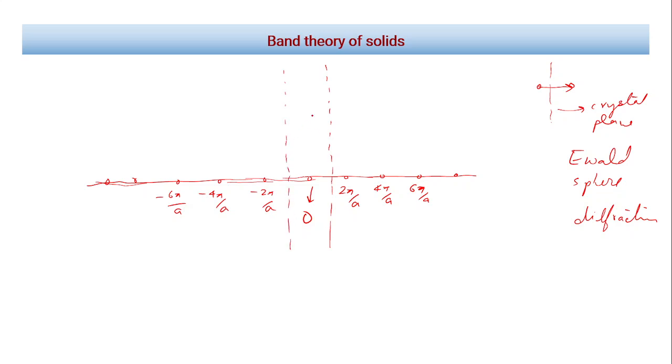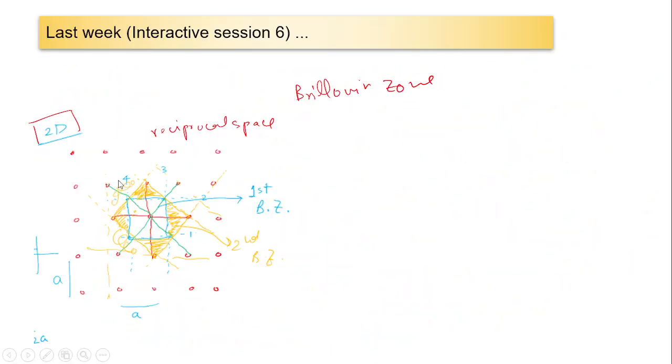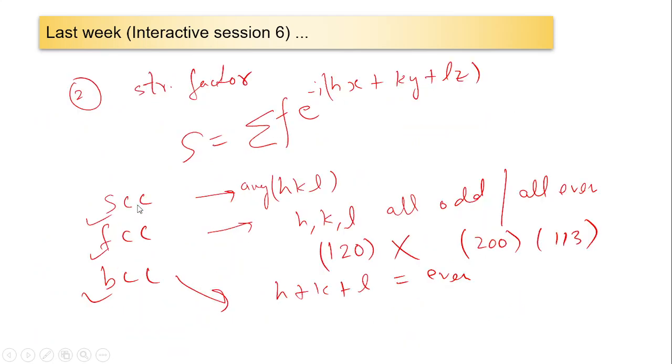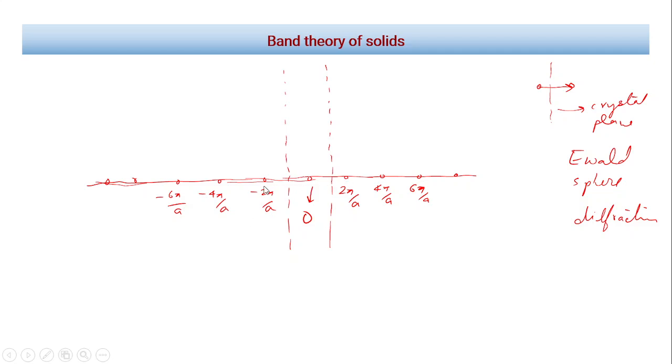That means the first Brillouin zone, which I was drawing in the 2D case, is the zone enclosed by this blue line. The same thing we are doing here. Connecting the origin with the first nearest lattice point, because this is the 1D case, so we have only one direction. When we draw these perpendicular bisectors, that means this is the first Brillouin zone.